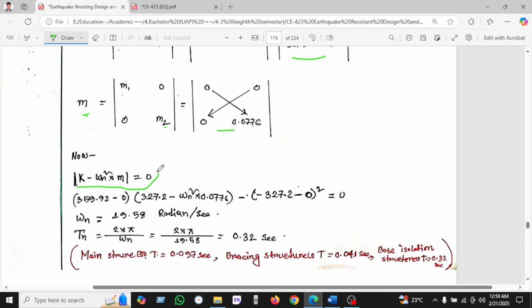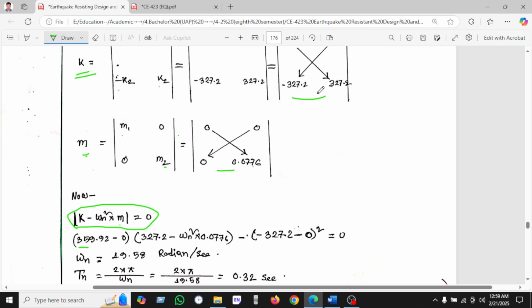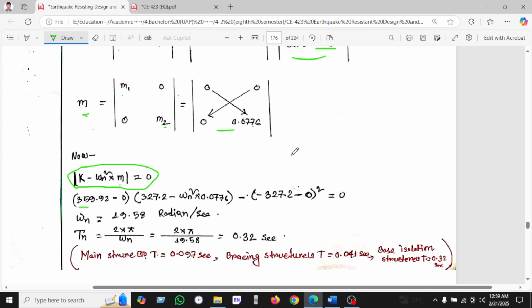Now we are using this equation, which is k minus omega square m equals 0. So these are the k, and we have been using this k and this equation.